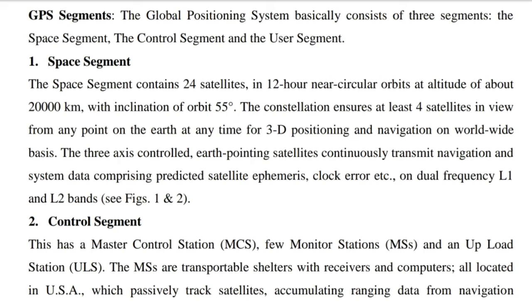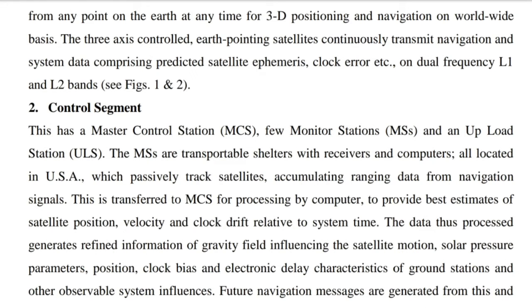2. Control segment. This has a master control station MCS, a few monitor stations MS, and an upload station ULS. The MSs are transportable shelters with receivers and computers, all located in USA, which passively track satellites, accumulating ranging data from navigation signals.